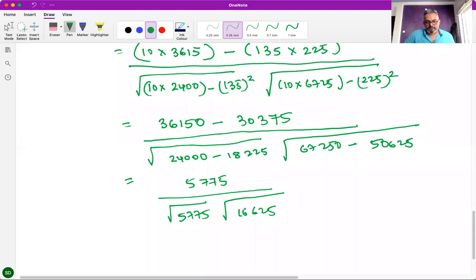So multiply 16,625 into 5775, which is equal to 96009375, under root, divide into 5775, which comes to 0.5894.